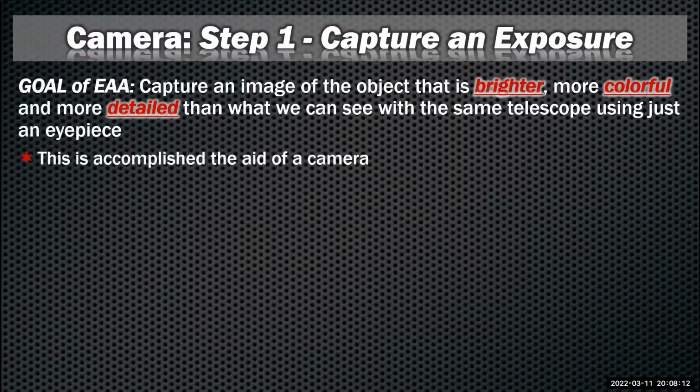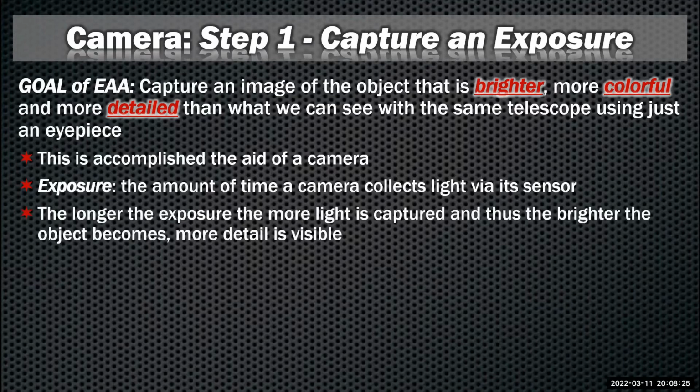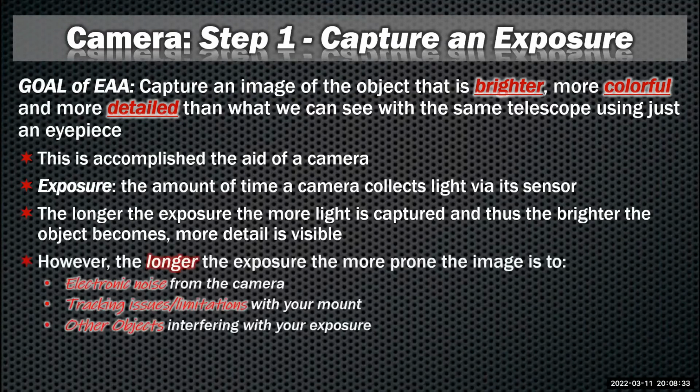Now, of course, this is all accomplished by a camera instead of an eyepiece. And the exposure is the amount of time we're allowing the camera to collect that light. Of course, the longer the exposure, the more light is going to be captured, and therefore the brighter an object and the more detail we're going to see. The problem is that with longer exposures, we are susceptible to electronic noise coming from the camera.